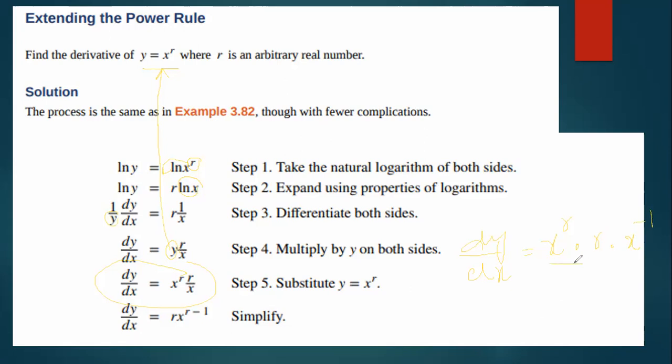So there is x power r and x power negative 1, so it will be r x power r minus 1. So this is the derivative of my function y equals to x power r.